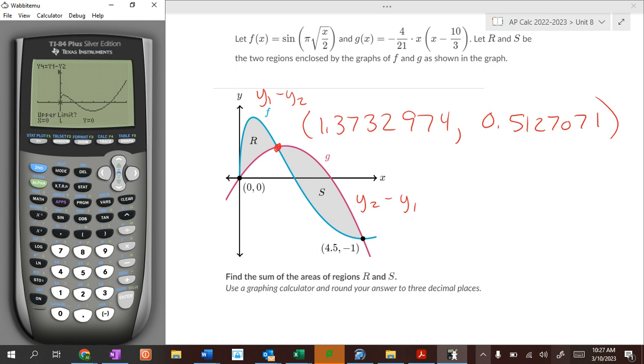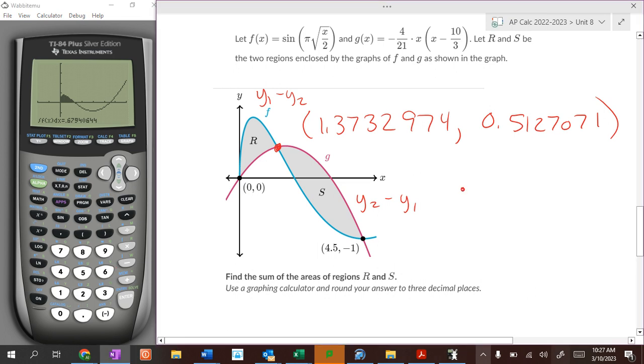And my upper limit's going to be this crazy decimal, 1.3732974. And then I'm going to write down that whole decimal, 0.67940644. We're going to round to 3 decimal places, so I only need to write down 4 decimals, but I just write it all down.